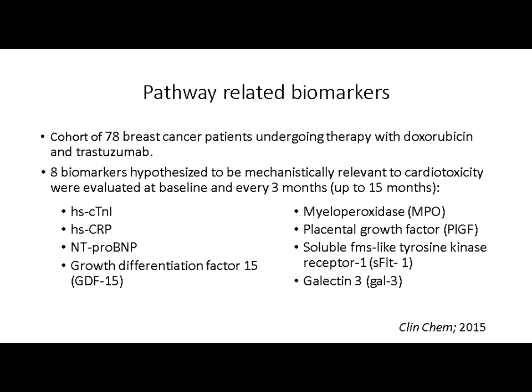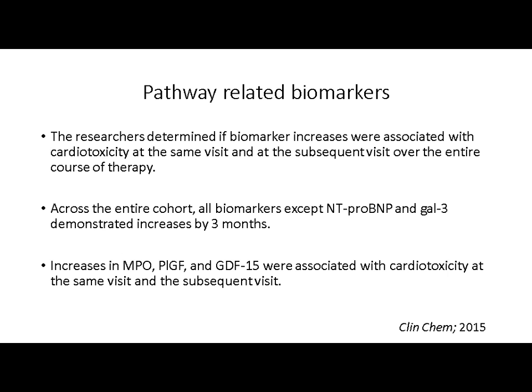So this study was published almost 2 years ago. A cohort of almost 80 patients with breast cancers undergoing therapy with doxorubicin and trastuzumab. 8 biomarkers hypothesized to be mechanistically relevant to cardiotoxicity were evaluated at baseline and every 3 months up to 15 months.